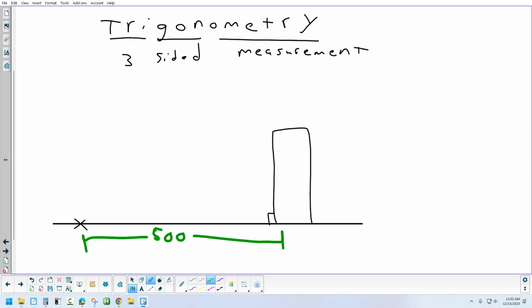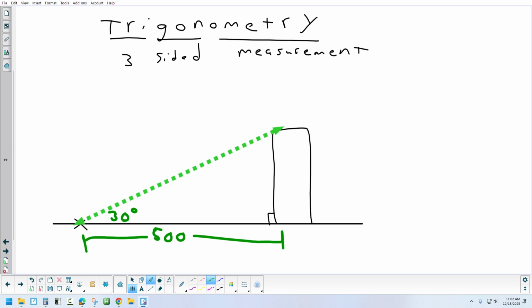And from where they're standing, they measure the angle to the top of the building, which is pretty easy to do if you have a piece of string and a protractor. You can hang a little weight on it. As you tilt it, the string always hangs perpendicular, but the protractor will turn and tell you the angle you're looking at. It's a simple way to make a device that can measure what's called an angle of elevation. Let's say you measure that angle and it comes out to 30 degrees.